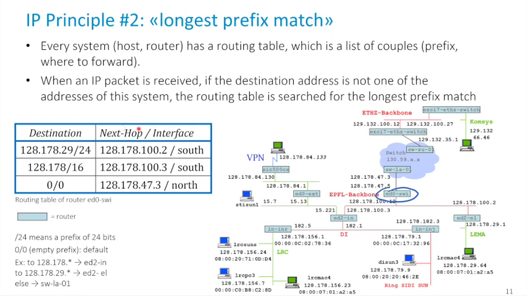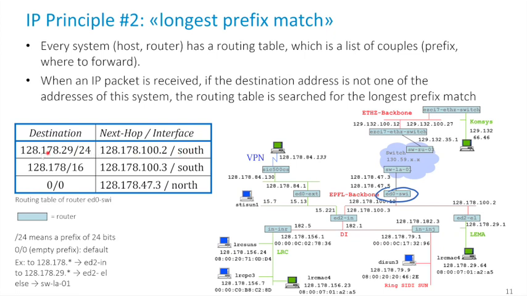And what to do with the packet means 2 things. Where to send it, so there's an interface number. Here, to make the story simpler, I put south, but in computers, they are not called south. They are called with names such as E0 or ETH1. ETH0 stands for Ethernet 0. That's the name of the physical interface here.